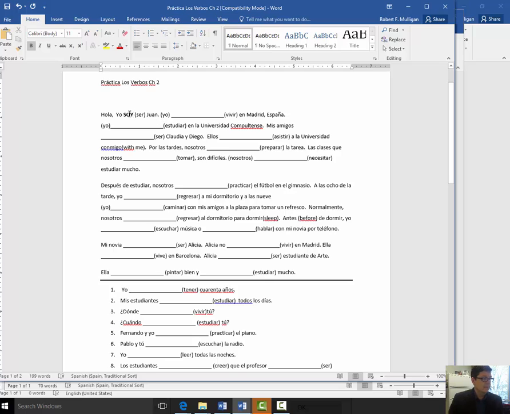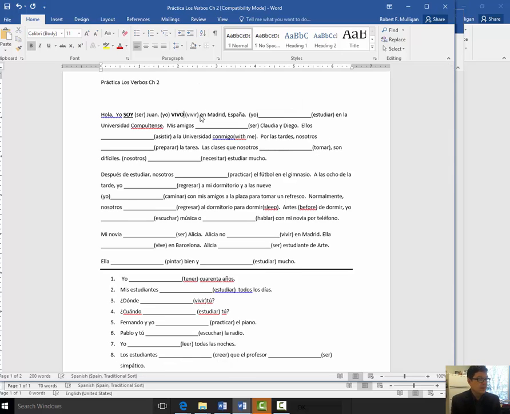Soy. And then, what would be the yo form of vivir? It's right there on the sheet. Yo vivo en Madrid, España. Take a look at this one. Estudiar, it's a regular AR verb. What's the yo form?